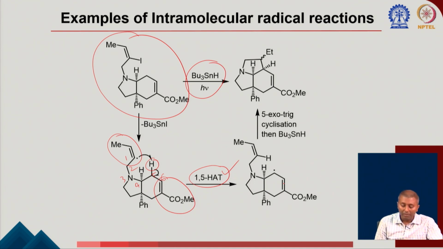And then it will form this corresponding allyl radical, which will be stabilized. Once you have this allyl radical, it can now go for a radical addition to this double bond. So it will be a 5-exo trig cyclization again to form this corresponding product.